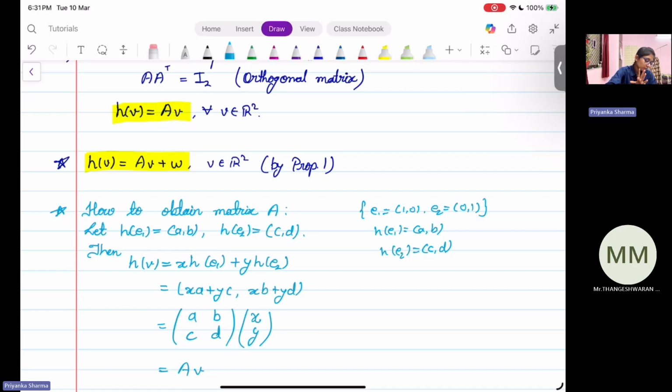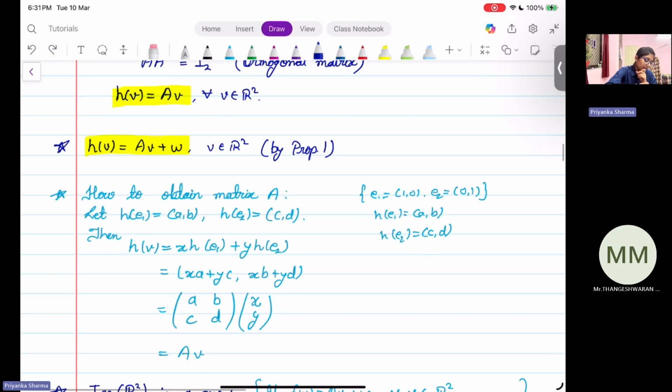So we have H(E1), which is (a, b), and H(E2), which is (c, d). This is required, that is, the action of H on E1 and E2. Then H(V) can be written as x H(E1) plus y H(E2).